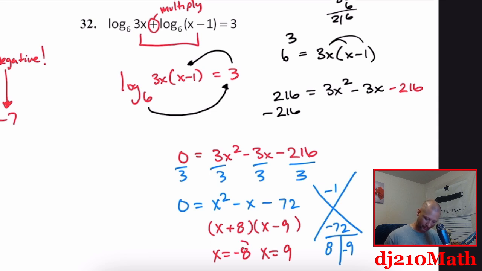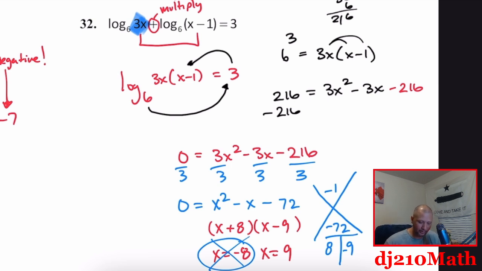So when I plug negative 8 back into the log, negative 8 plus 1 is negative 7, and the other one, 3 times negative 8 is negative 24. So the argument is negative. That means this is not a solution because we can't have a negative number.